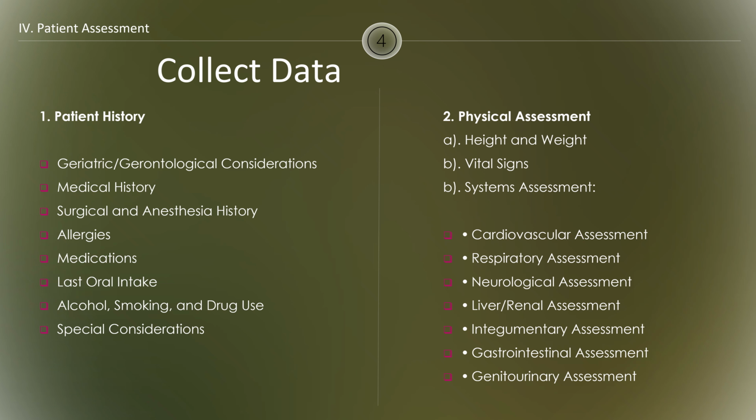Surgical and anesthesia history covers past surgery like scars and implants: document type, year, reason, anesthesia type, healing response. Note any adverse reaction to anesthesia, if any. Allergies: document allergy type plus physical response, like to medication, foods, dyes, latex.